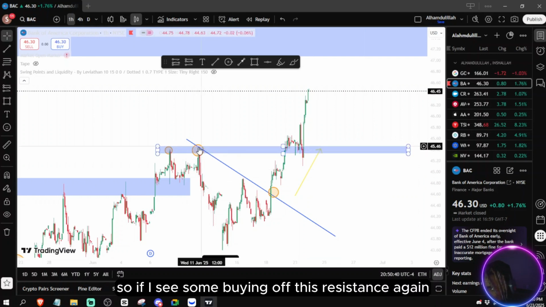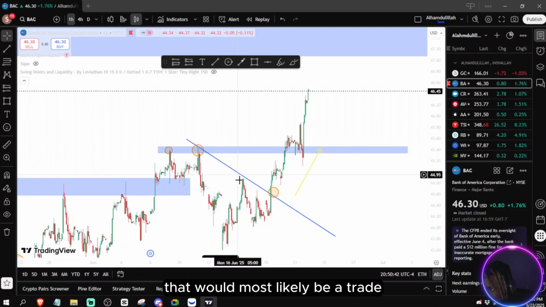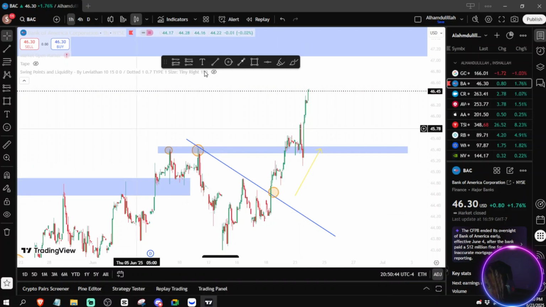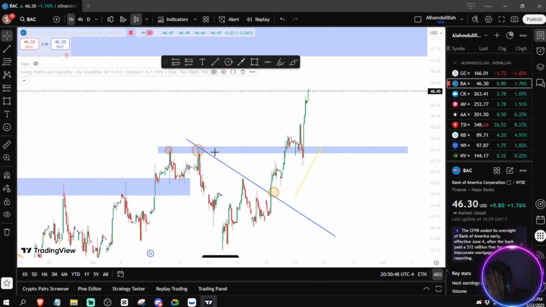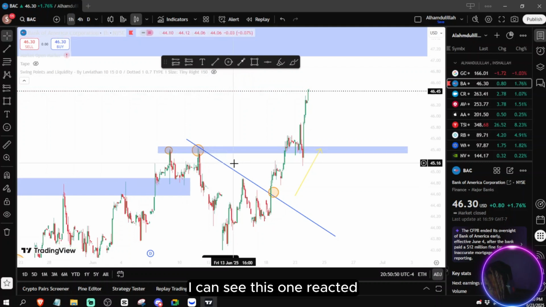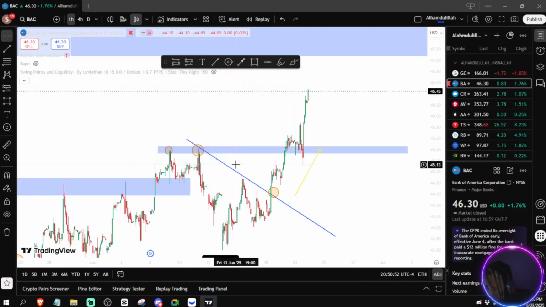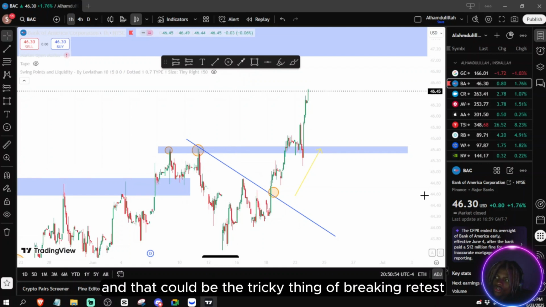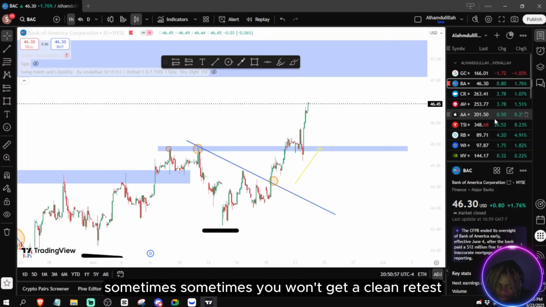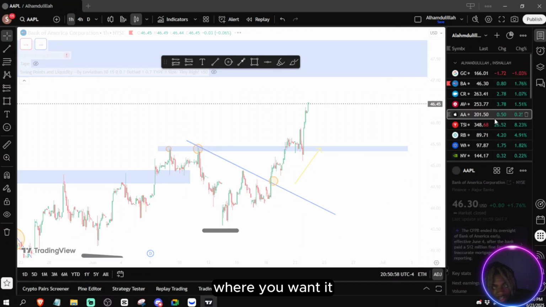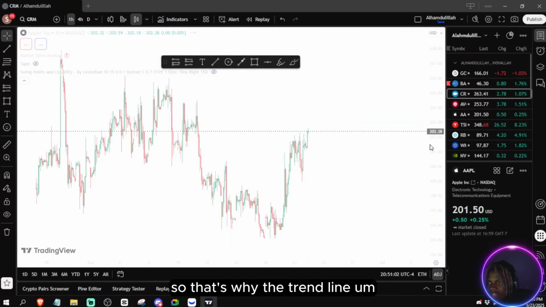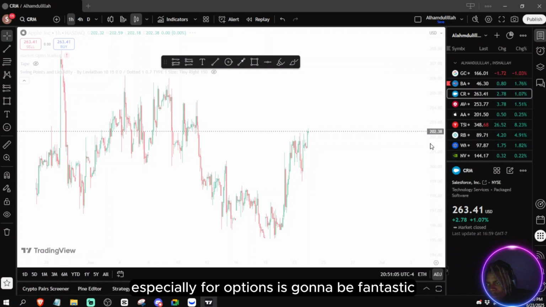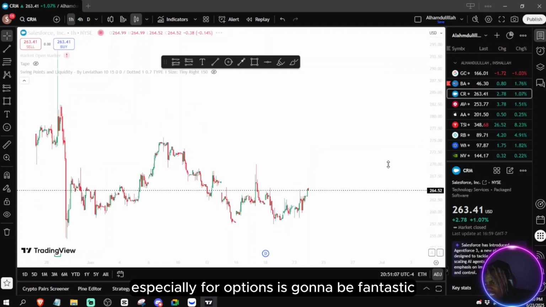So if I see some buying off this resistance again, that would most likely be a trade. I can see this one reacted. And that could be the tricky thing with break and retest sometimes. Sometimes you won't get a clean retest where you want it or where ideally you think it would be. It just won't come. So that's why the trend line, especially for options, is going to be fantastic.